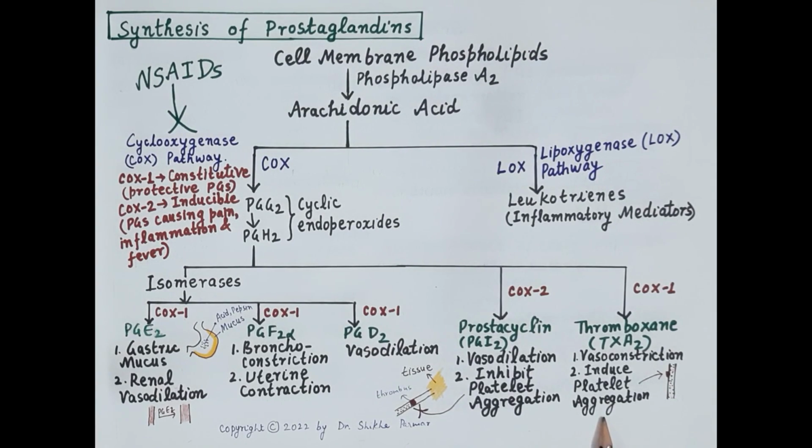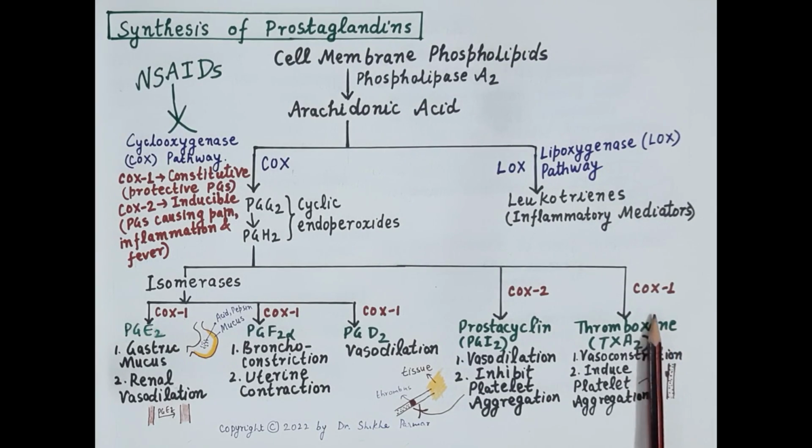This platelet plug is very beneficial for the body. If a blood vessel gets ruptured or injured, which normally happens during the normal wear and tear of the tissues in the body, this platelet plug seals the injured site of the blood vessel and this prevents the bleeding.